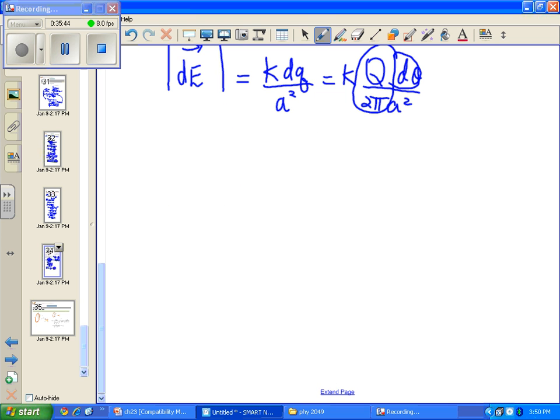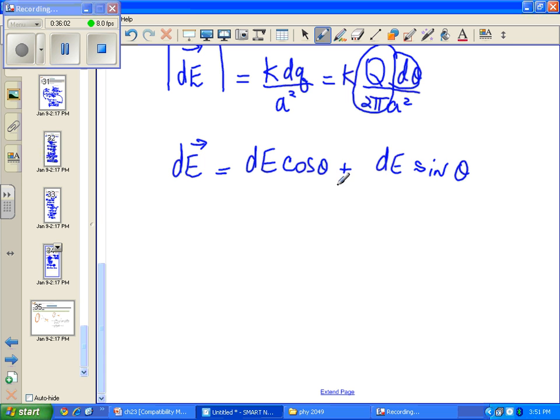Let's go ahead for the time being and just write dE in terms of the components. Let's say that we don't necessarily know that these components will cancel each other out in every single quadrant. Let's just say we have a dEx, which is dE cosine theta, and a dEy, which is dE sine theta.